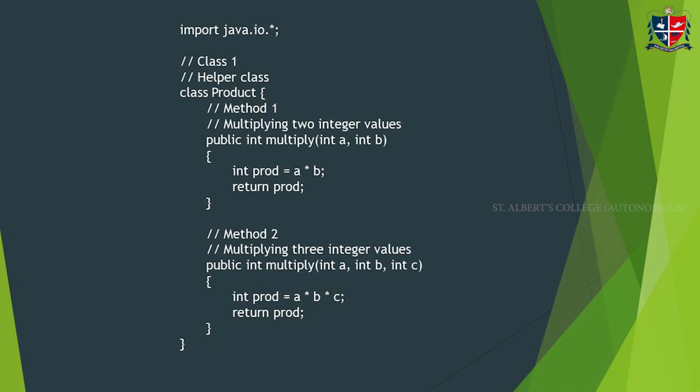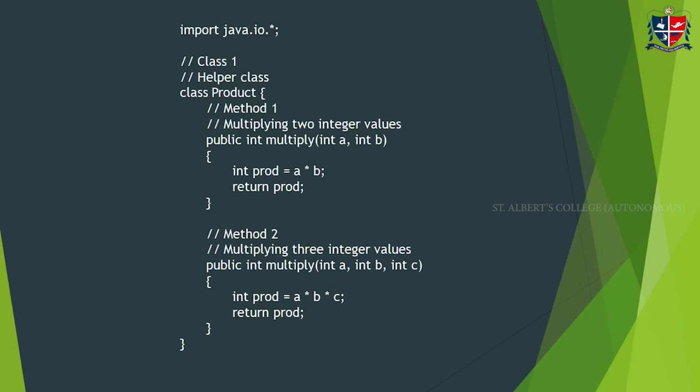So this is the example for method overloading. Here is the class Product, and it contains the method multiply. Multiply contains the arguments A and B, and the calculation is product equal to A into B. So by using the multiply function, we can calculate the multiplication of A and B. And method 2 is also the same function, multiply, but the parameters are different.